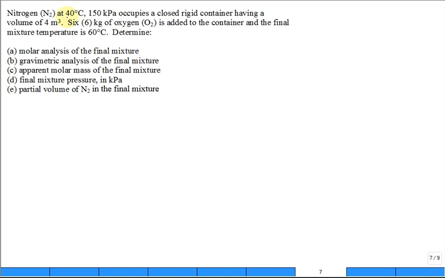Nitrogen at a given temperature of 40°C and 150 kilopascal occupies a closed rigid container having a volume of 4 cubic meters. 6 kilograms of oxygen are added to the container, and the final mixture temperature is 60°C. So think about it. You start with just nitrogen in this fixed rigid container, and you end with both nitrogen and oxygen, and they tell you the mass of oxygen put in is 6 kilograms.